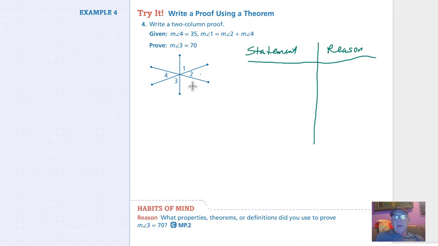So notice I'm not exactly sure where exactly to go with this yet, but I know that we need to start with our givens. So I'm going to throw those in there. So the measure of angle 4 is 35. I'm going to label it. The measure of angle 1 is equal to 2 plus 4.